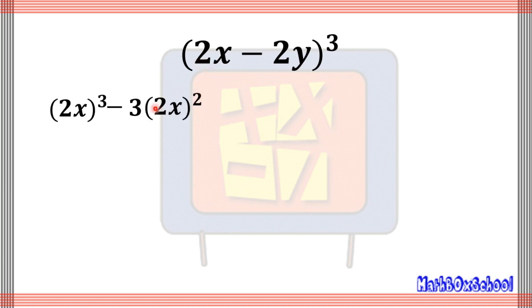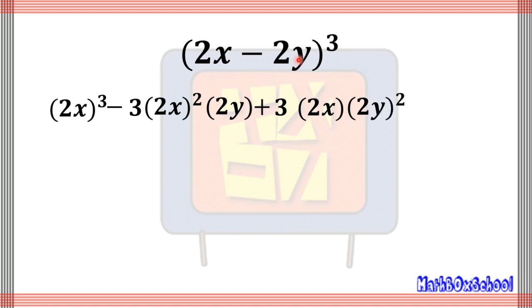Since the first term is 2x, square the first term times the second term, which is 2y, plus 3 times the first term, 2x, times the square of the second term, minus cube of the last term or cube of the second term. So, 2y cube.